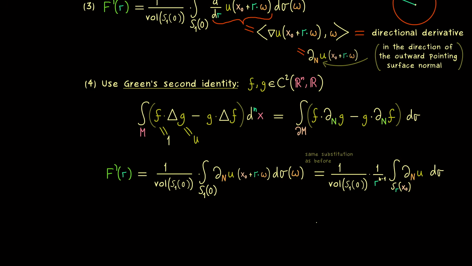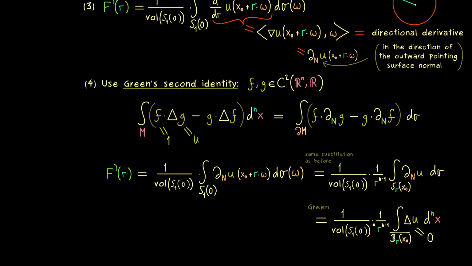And finally at this point we can use Green's identity to put in the Laplacian of u. So we have the same factor in front, but then we get a volume integral over the ball. But this does not matter so much because inside the integral we find the Laplacian of u. And there we can use the assumption that we have a harmonic function, so we know that the Laplacian of u is equal to 0 on the whole ball.